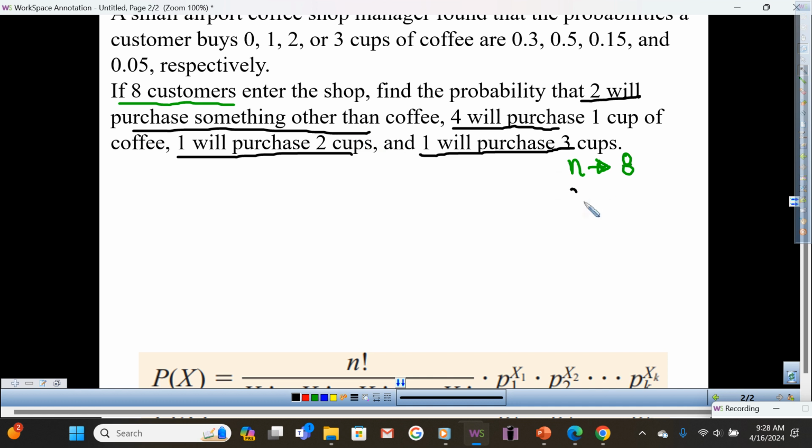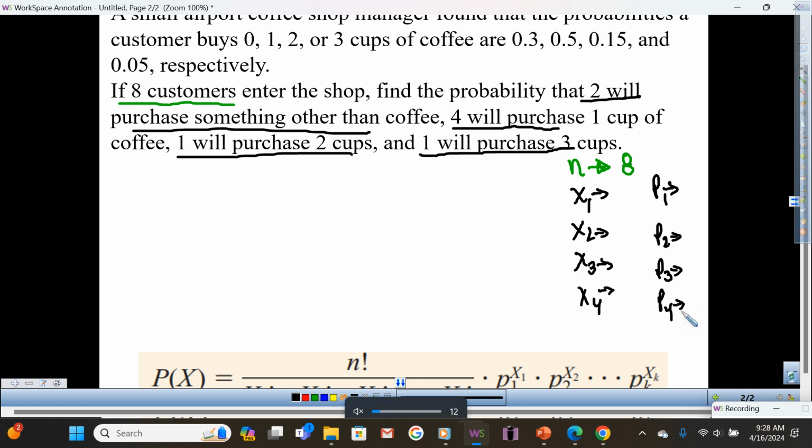So x sub 1, x sub 2, x sub 3, x sub 4. And with its respective probability, P1, P2, P3, P4. All right, so let me pause the music in the back.